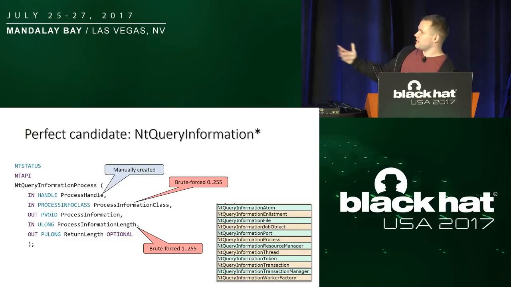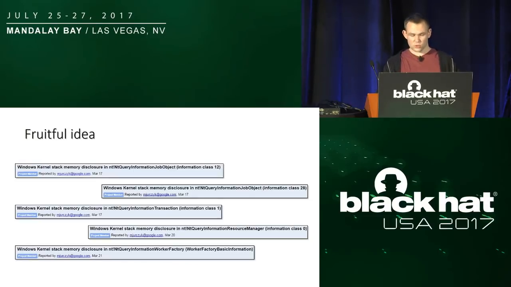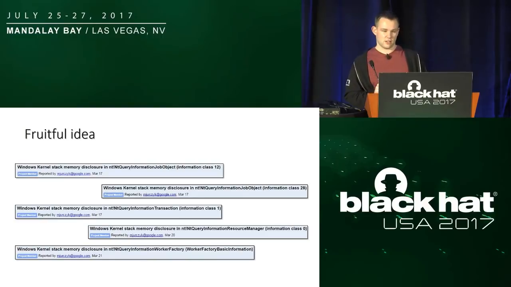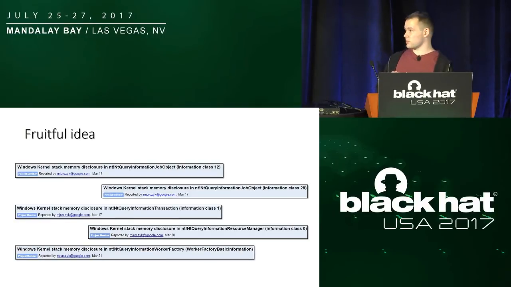So we can create the object that we want to query, and then just brute force both the information class and the expected buffer size. There are about 10 such functions which we can test this way. This looked quite promising, and indeed it turned out to be a fruitful idea, and I was able to find about 5 bugs this way as well. So it was quite easy.